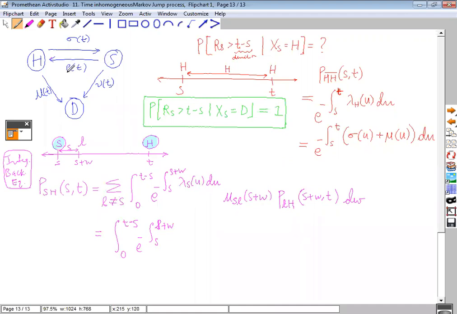So rho and nu. So this will be rho of u plus mu of u du. And instead of mu S to L, now I know that I'm writing for S to H. So again here I should just write, we know that L is equal to H is the only possibility.